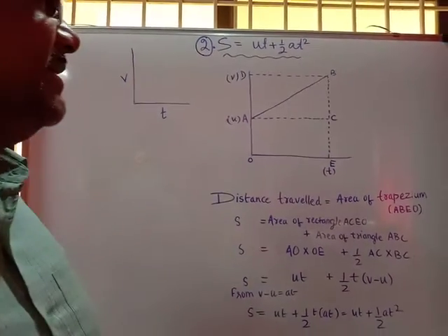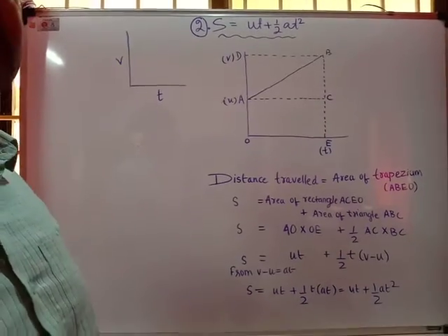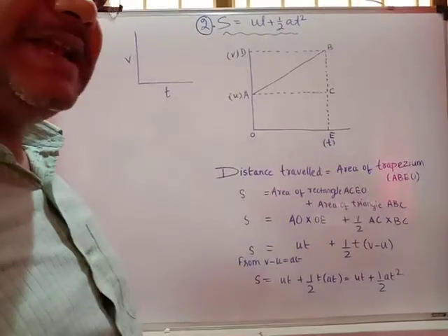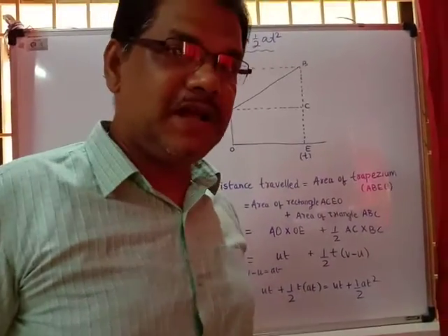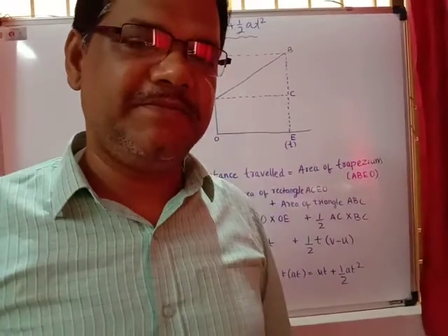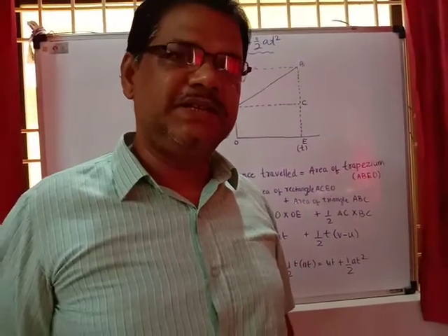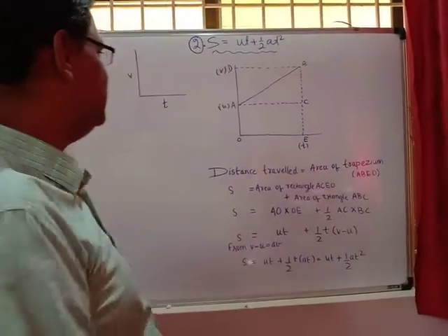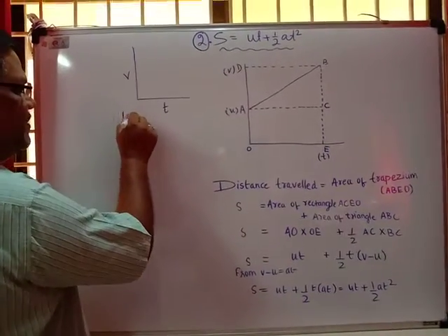So here the case is, let the object be moving with initial velocity u, starting at the starting point. At any instant when t equal to 0, you consider that the starting point. The velocity of the object is u, that is the initial velocity.